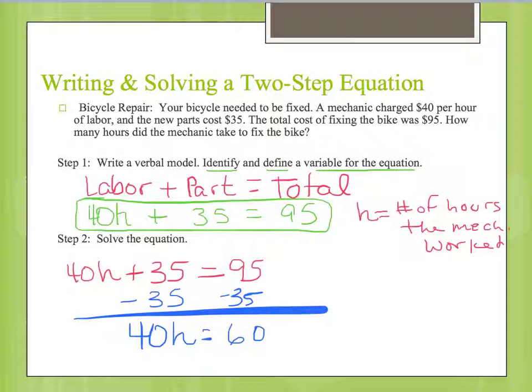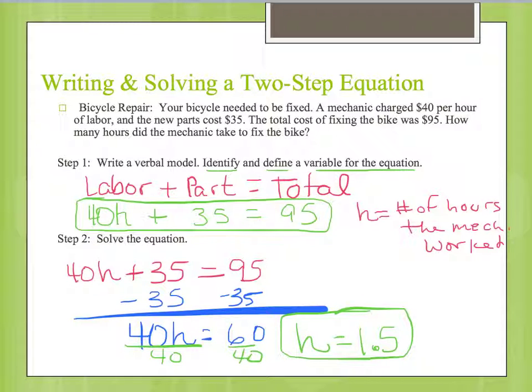I'm going to divide both sides by 40 in my last step. And then again, you can use your calculator here, but 60 divided by 40 is going to be 1.5. So I know then that the mechanic worked 1.5 hours on my bike, and because he did, it cost me $95 as a total bill.